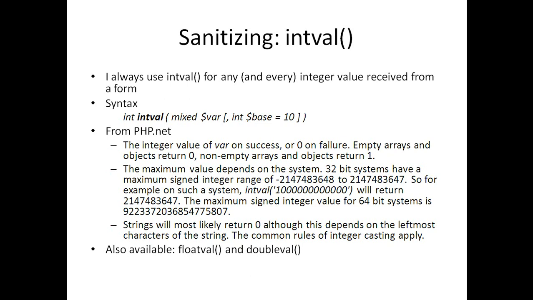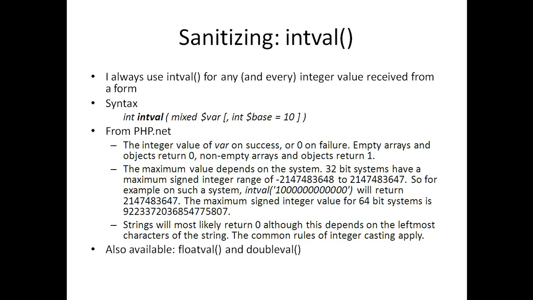This is actually helpful not only for sanitizing, but if you just want to convert numbers to different bases. So if you want to get a binary number, you could do $result equal intval, open paren, say 3, comma 2, and close it, and you'll get the binary version of that number. You could do hex by setting the base equal to 16 and that kind of thing.